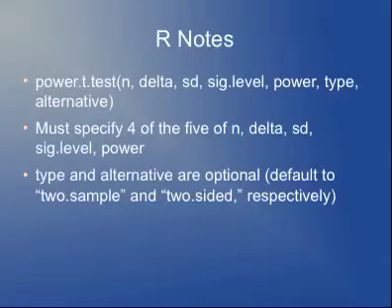And as I said, in general, for the power.t.test command, you have to specify 4 of the first 5 parameters: n, delta, SD, sig level, and power.